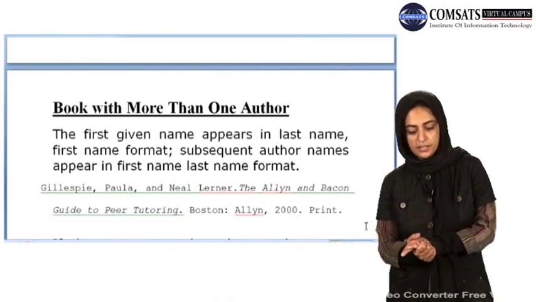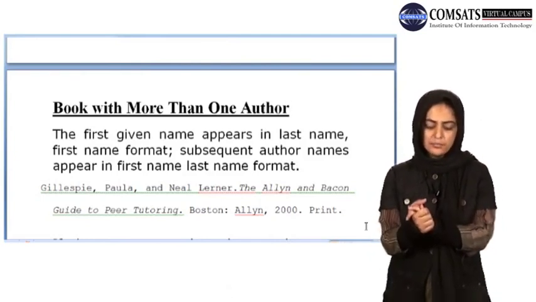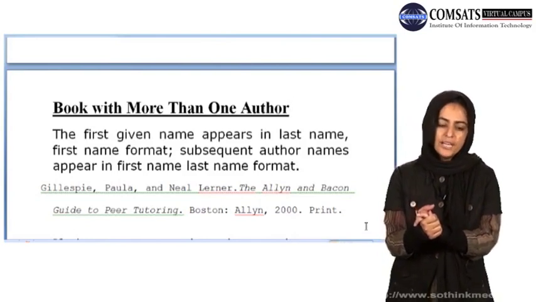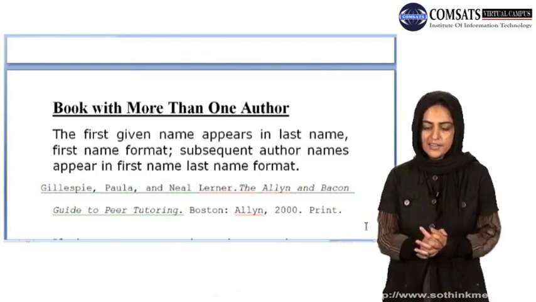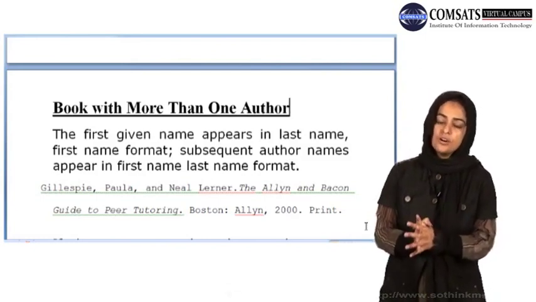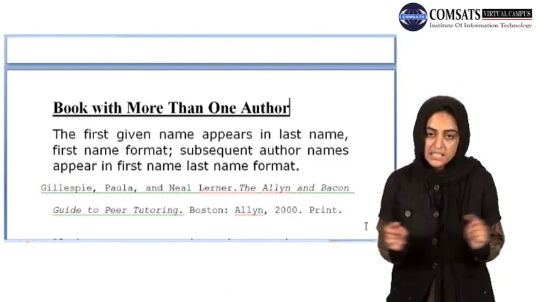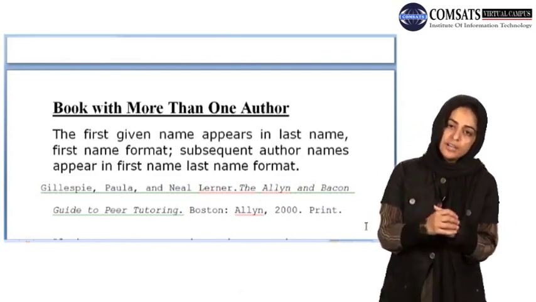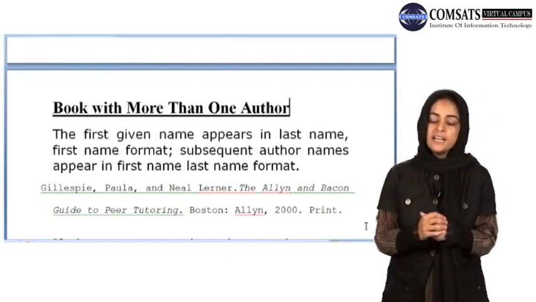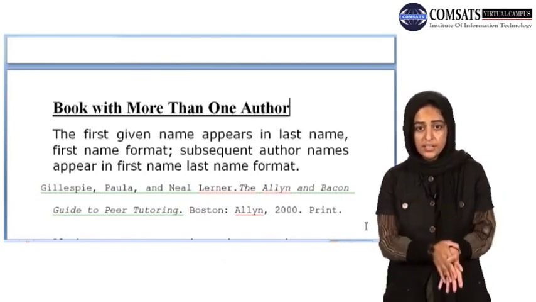Kindly be cautious to understand this: while you are following the MLA referencing style and trying to create the detailed reference for a book with more than one author, first of all you should go to the title page of the book, and pick up the names of the authors in the same order as on the title page. I'm talking about the order of the names, not the way it will be written in the reference.